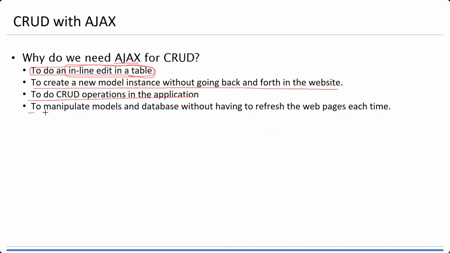It is a way to manipulate the models and database without having to refresh the web pages each time. When you deal with the web, usually you need to refresh to deal with something on the server. But with AJAX, you don't need to refresh because AJAX happens on the client side.